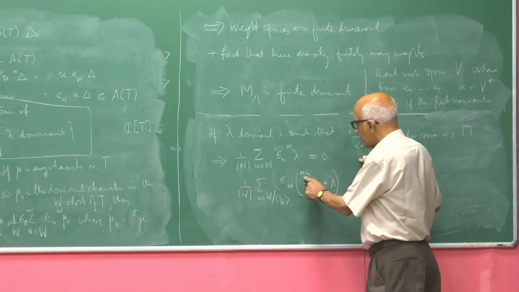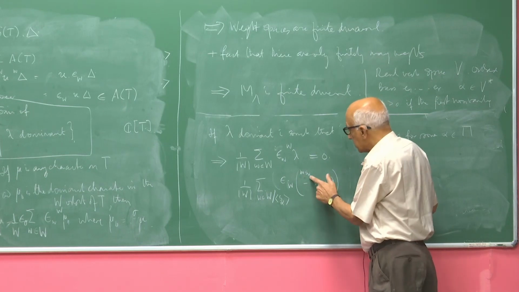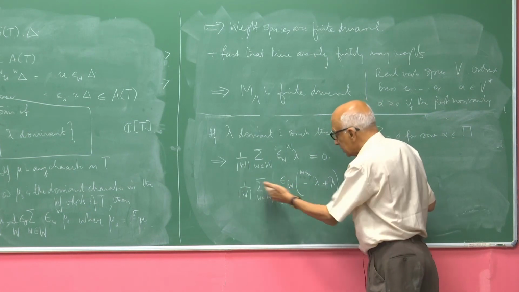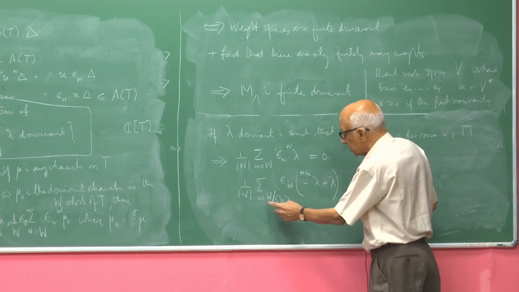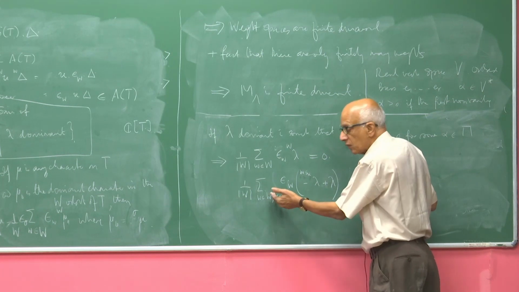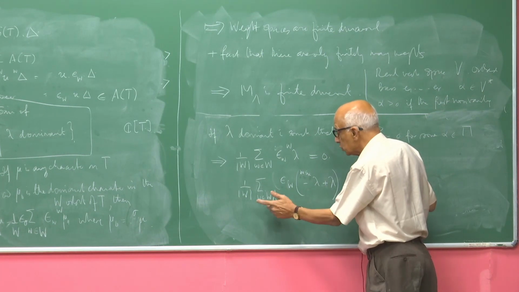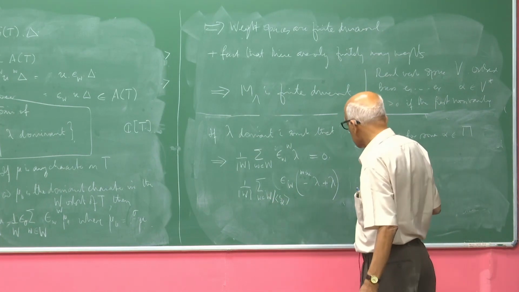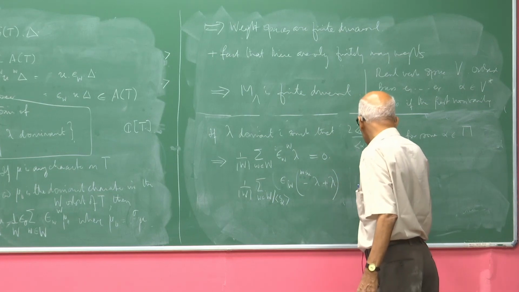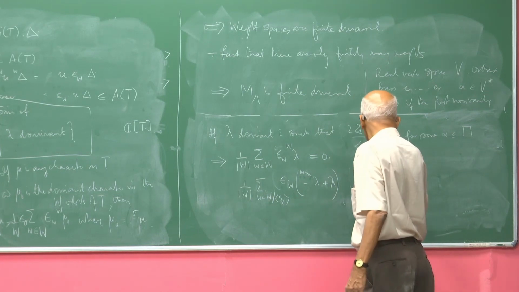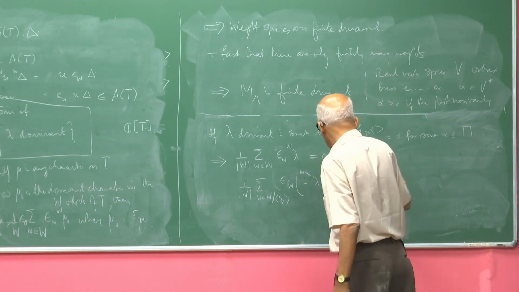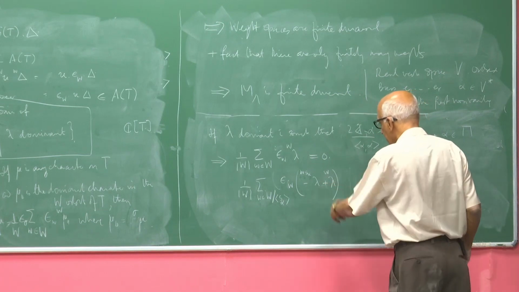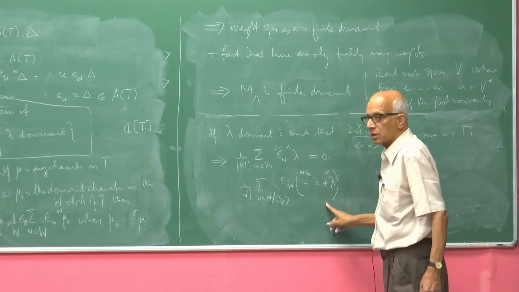You see, w S alpha has to be multiplied by epsilon(w S alpha), but epsilon(S alpha) is minus 1 and epsilon(w) is already here. So this summation is the same as this, where I have chosen a set of representatives for these coset classes.